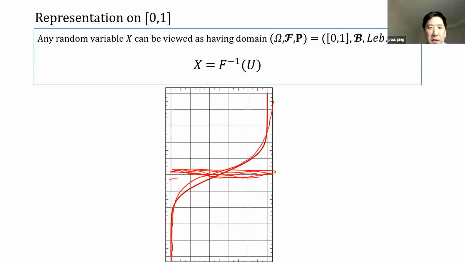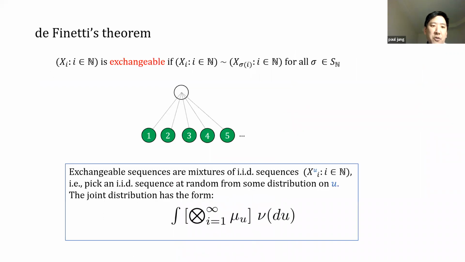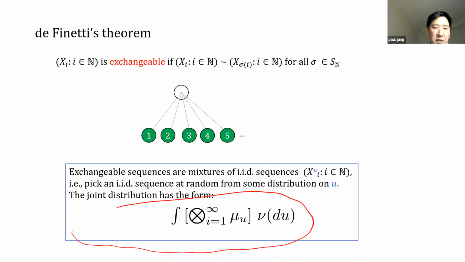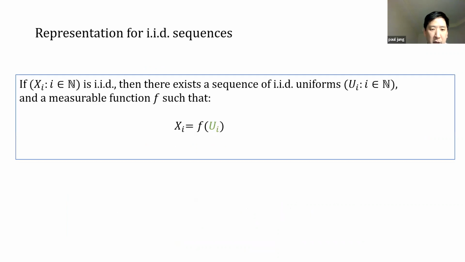I think everyone knows this representation, and now what I'm going to do is use this representation to give you an alternate version of de Finetti's theorem, which is actually due to Aldous. So this is the original form, and now I want to use this function f.